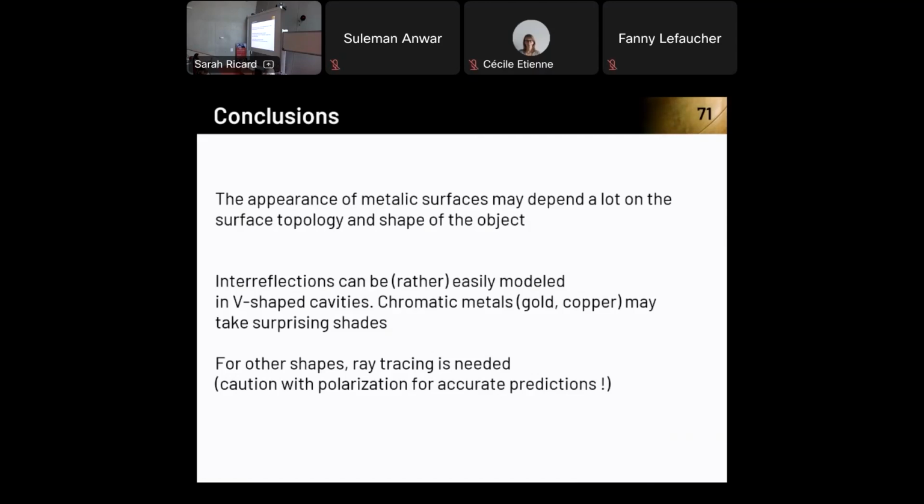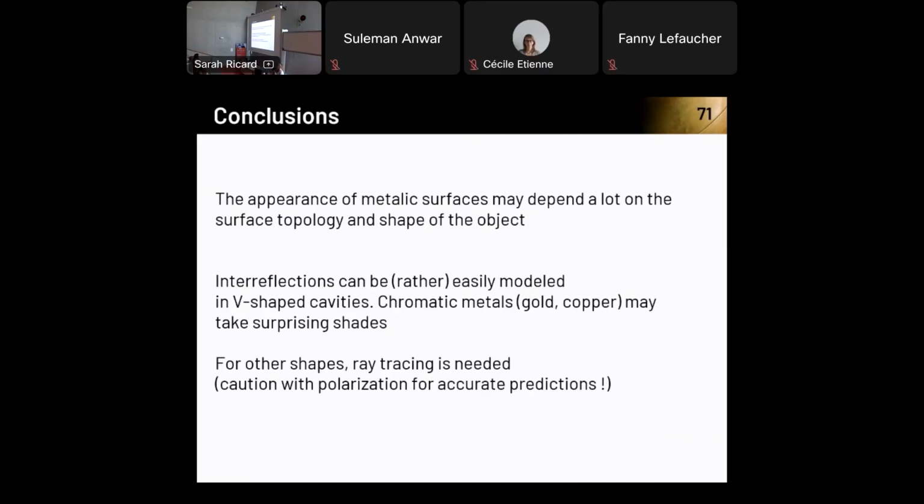And this is a problem for many applications. Each time it turns to something curved or something incurved with cavities, well, the appearance changes a lot.